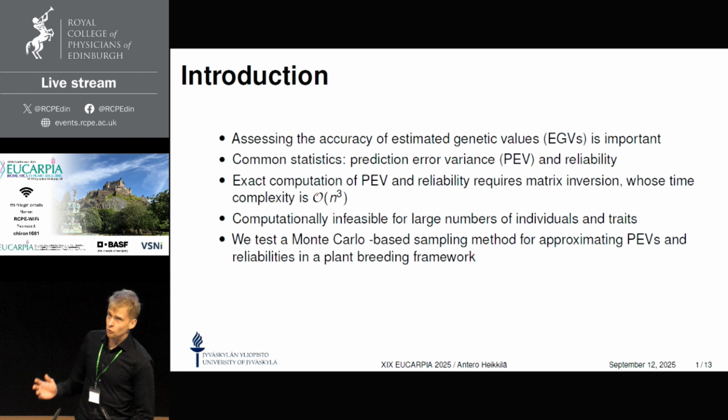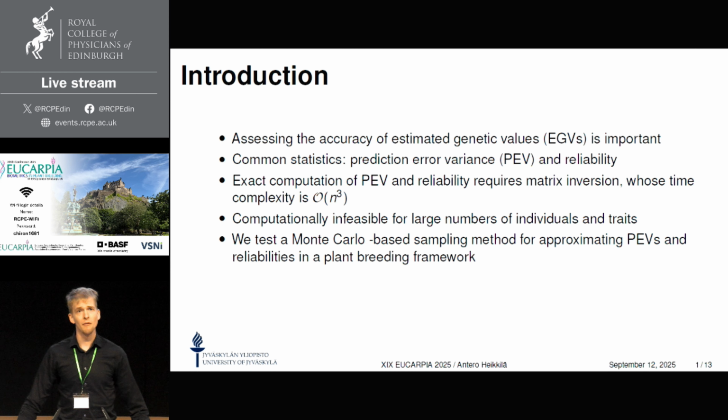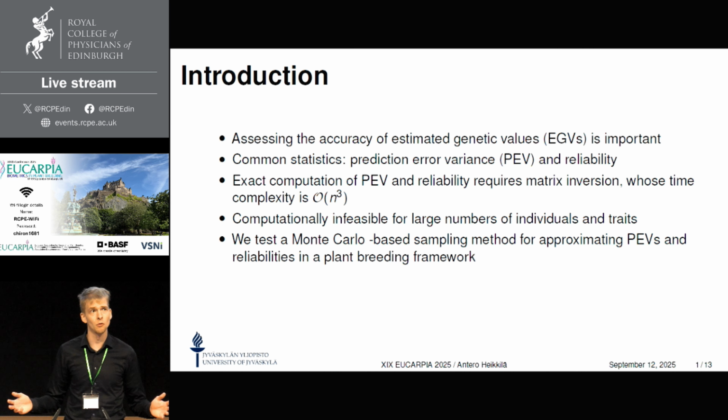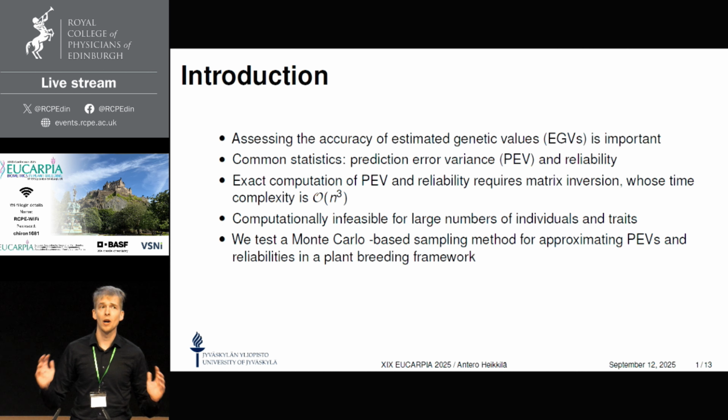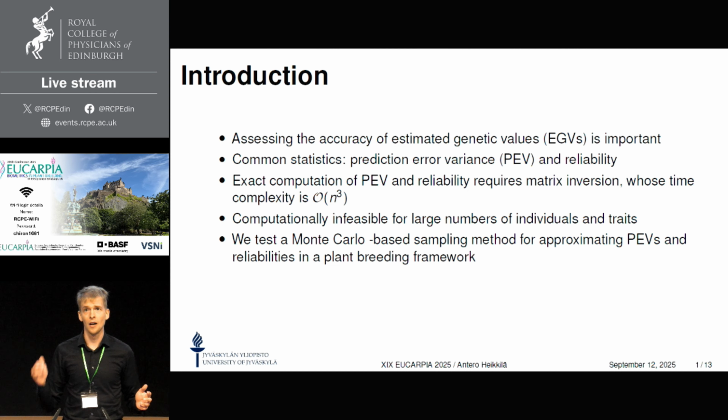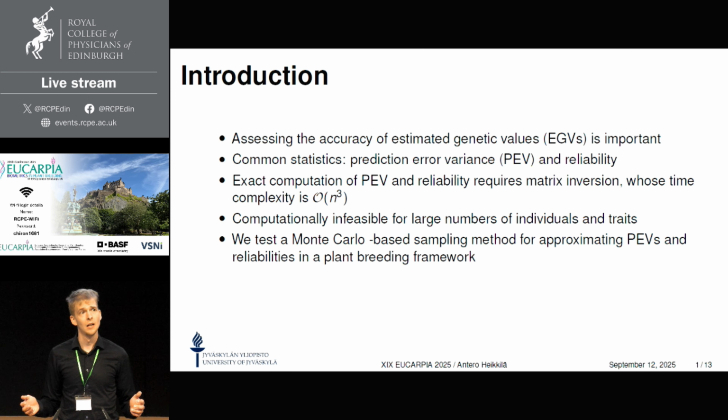Let me first introduce you to the topic. After we have estimated genetic values, the breeding values, we want to know how accurate our results are. Two common statistics are prediction error variance, abbreviated here as PEV, and reliability.